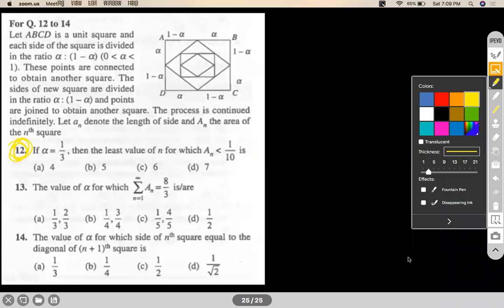Okay, 5, 4, 3, 2, 1, go. All right, most people have voted for option number B.